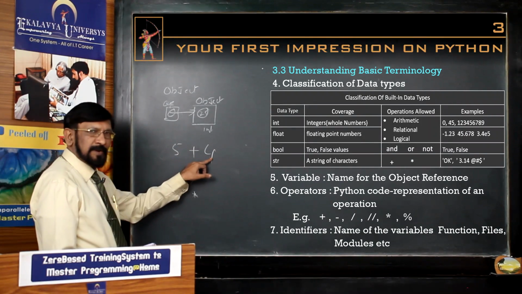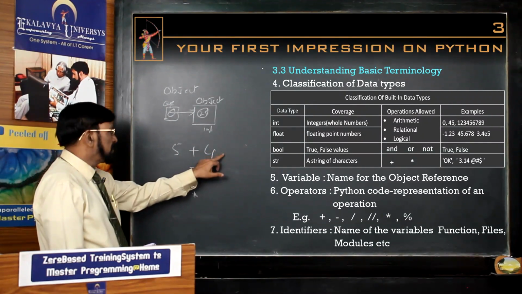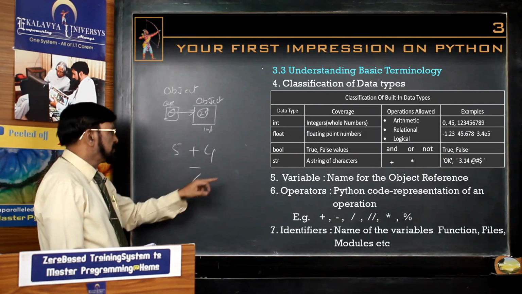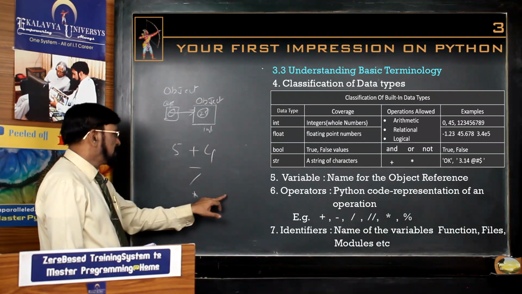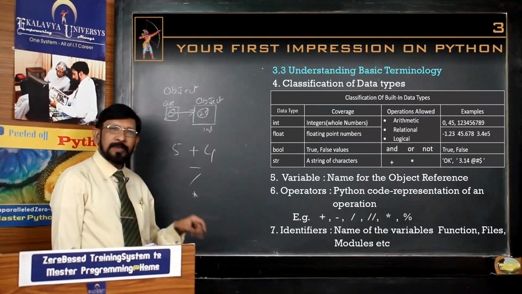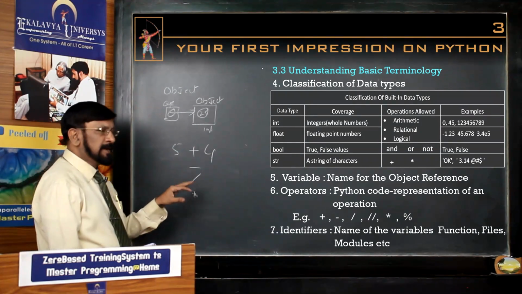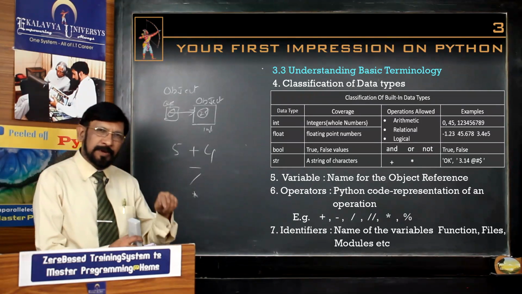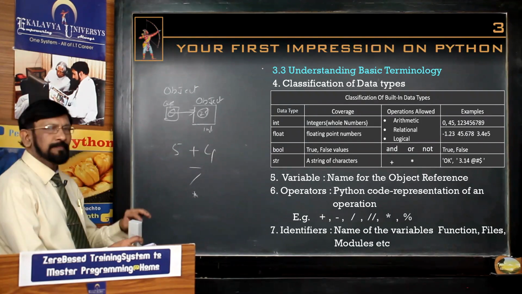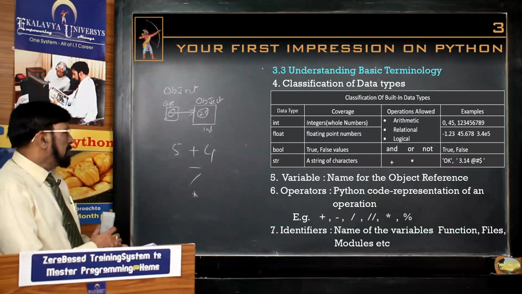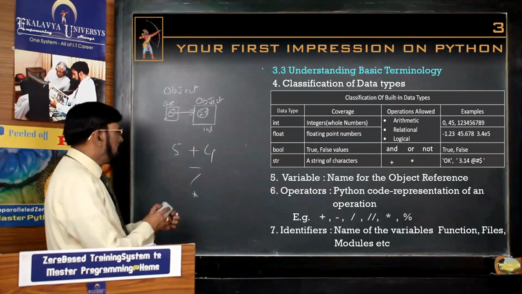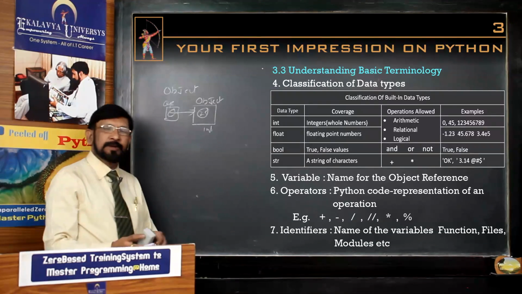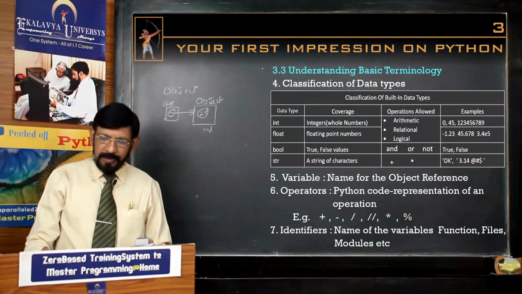These are called operands. So as a result of that, what you get? 9. Result of this 1. Result of this 1.25. Result of this 20. Understand? So operators are meant for operating or manipulating data, or operands. These are Python code representation. So several operators are provided by the Python language.